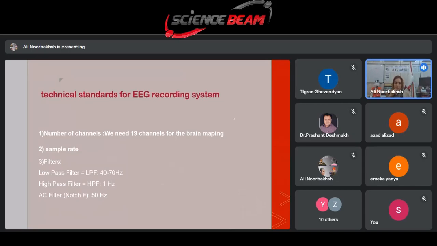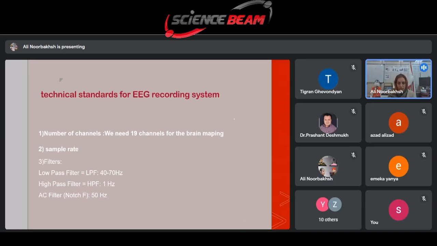You know that. The sampling rate for this device is 500 Hz. For EEG recording, usually these filters are used: a low-pass filter, 40 to 70 Hz. A low-pass filter is a filter that passes signals with a frequency lower than a selected cutoff frequency.